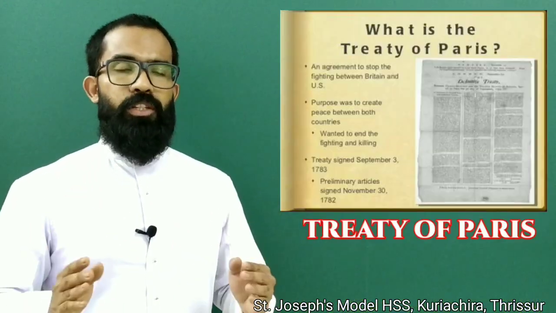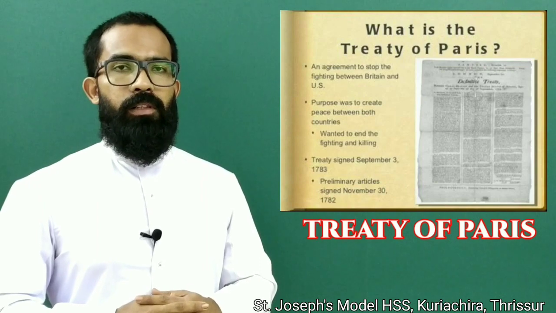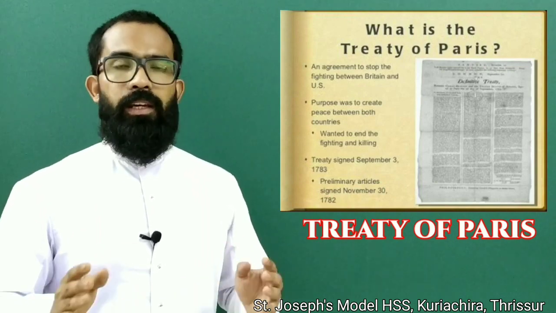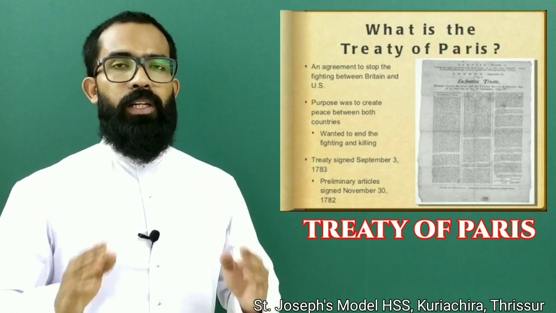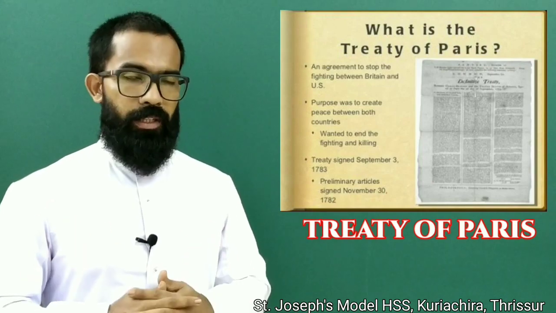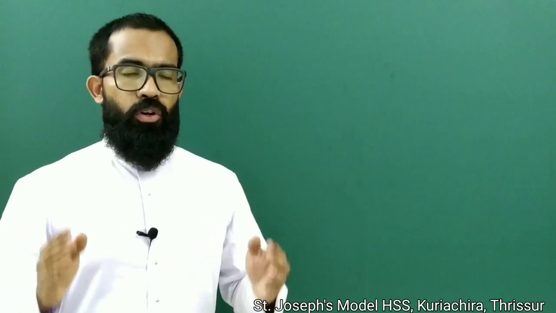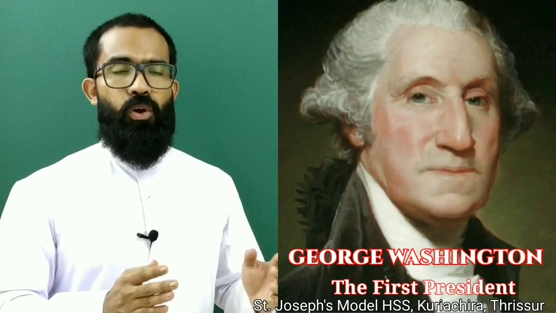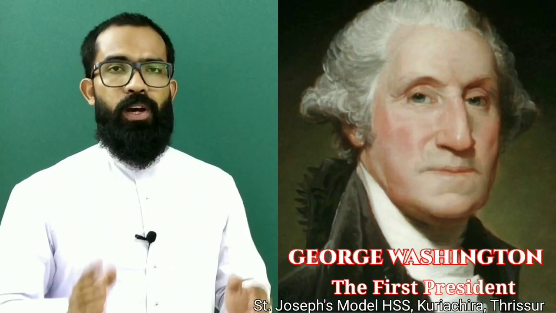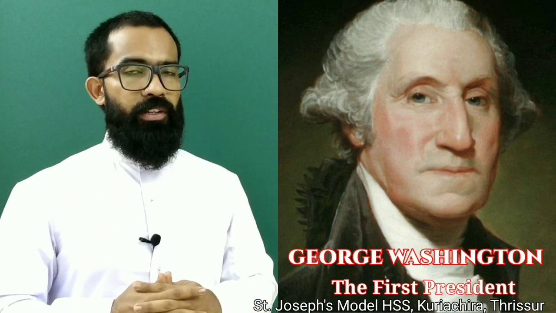According to the Treaty of Paris in 1783, England ratified the freedom of the 13 colonies of North America. The Constitution Convention held at Philadelphia under the leadership of James Madison framed the American Constitution, and they elected George Washington as their first president of the United States.